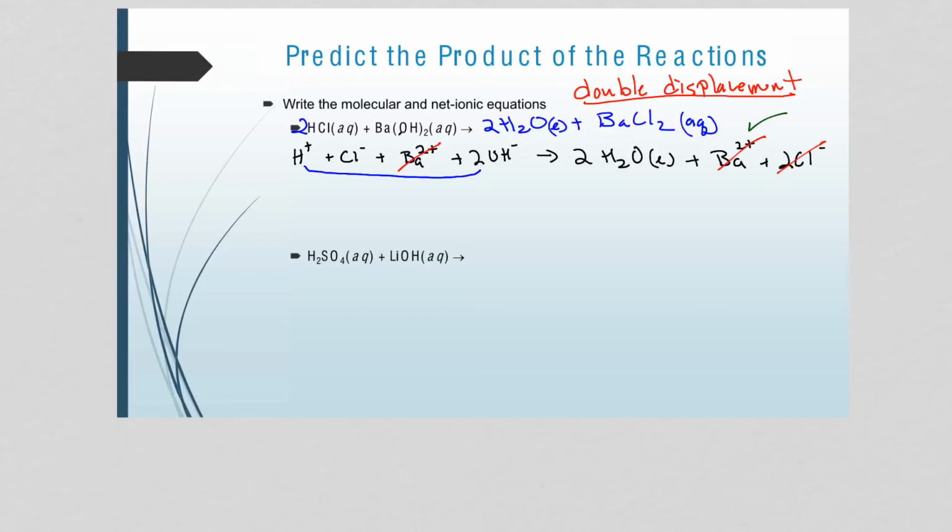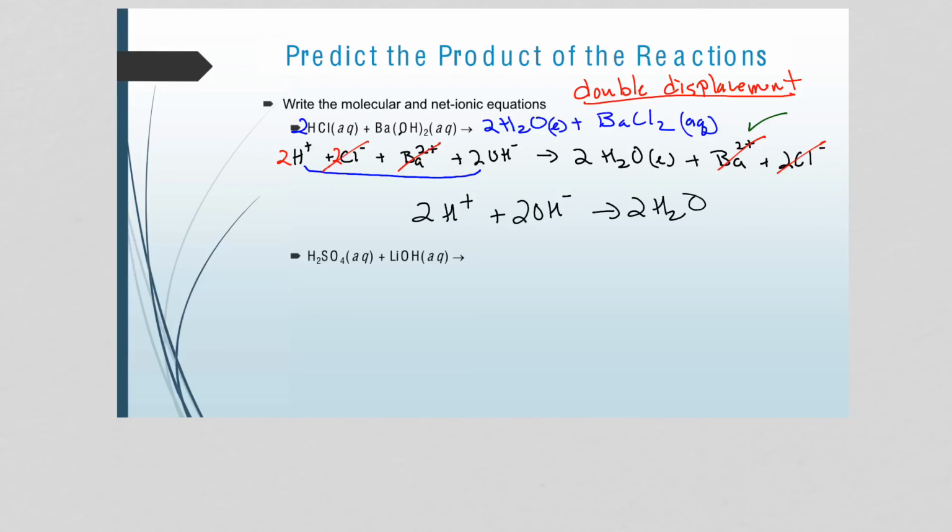Now, of course, because of the balancing, we really have a 2 here and a 2 here, so those are going to cancel out. So what are we left with? Left with 2H plus, 2OH minus gives me 2 waters.